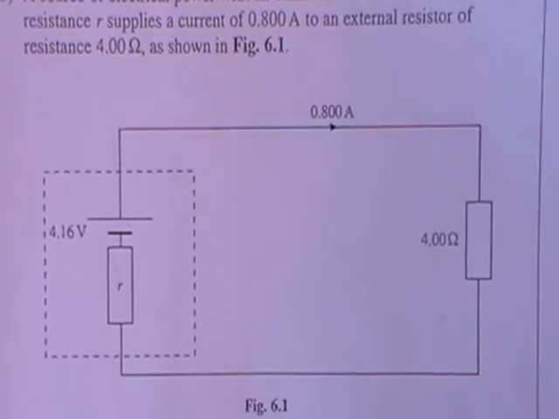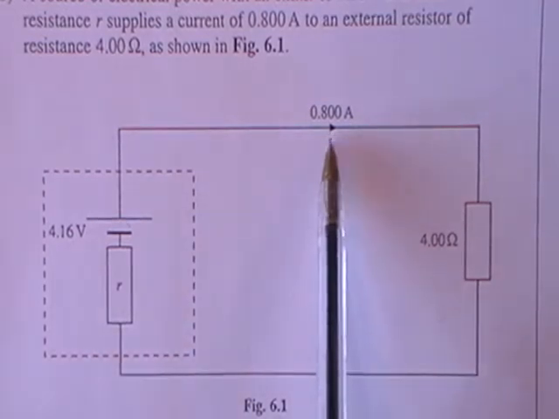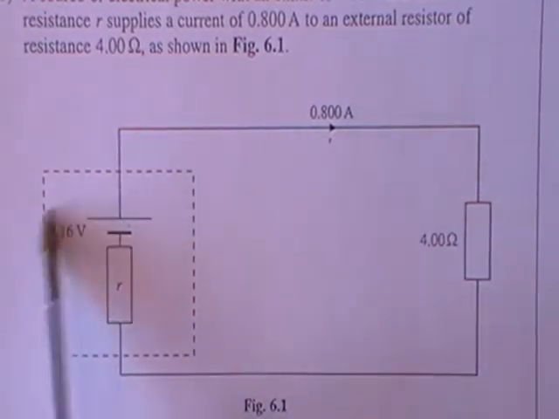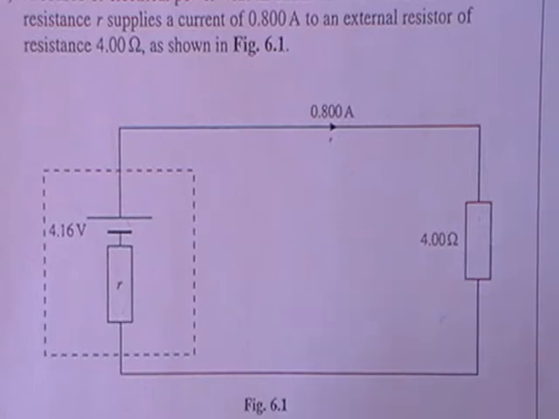Now if we know the total current coming from the battery, we know that the total resistance in the circuit is r plus 4, and we know the total EMF. So if you use V is equal to IR, the V that we're using is the EMF, 4.16, and that's equal to 0.8 times (r plus 4 ohms).